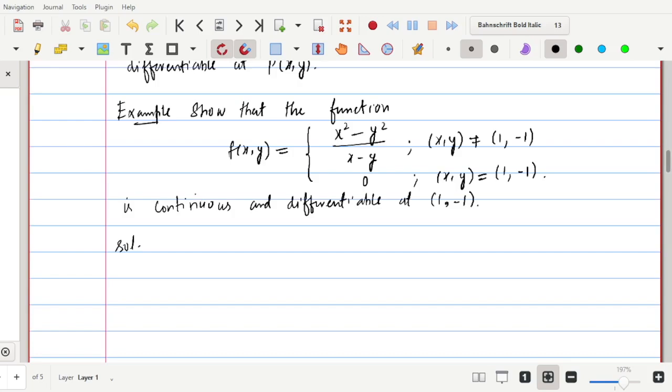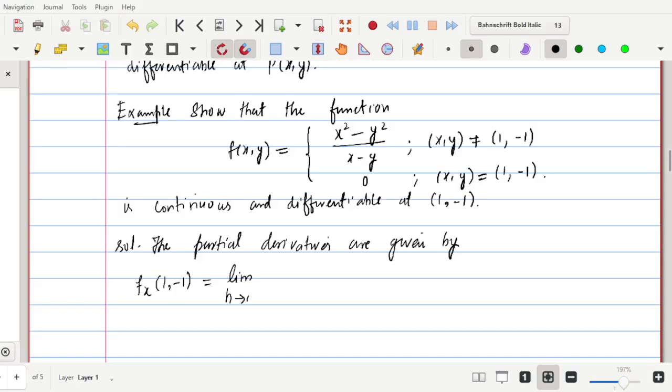The partial derivatives are given by the first partial derivative with respect to x, which we can denote by fx at 1 comma minus 1. We can see this is equal to limit h tends to 0 of f of 1 plus h comma minus 1 minus f of 1 comma minus 1 whole divided by h.